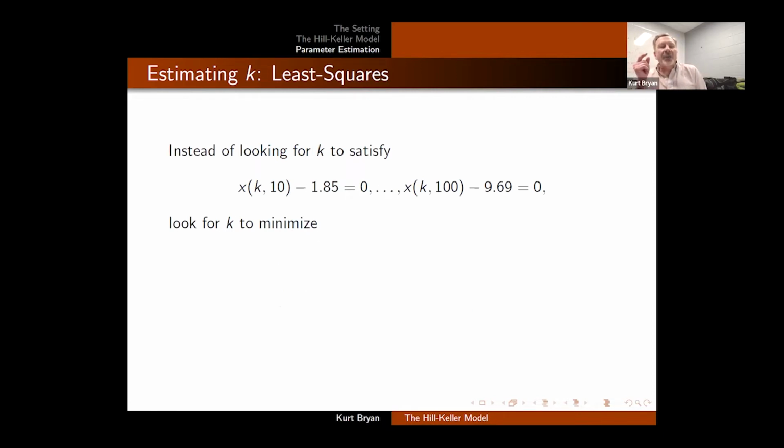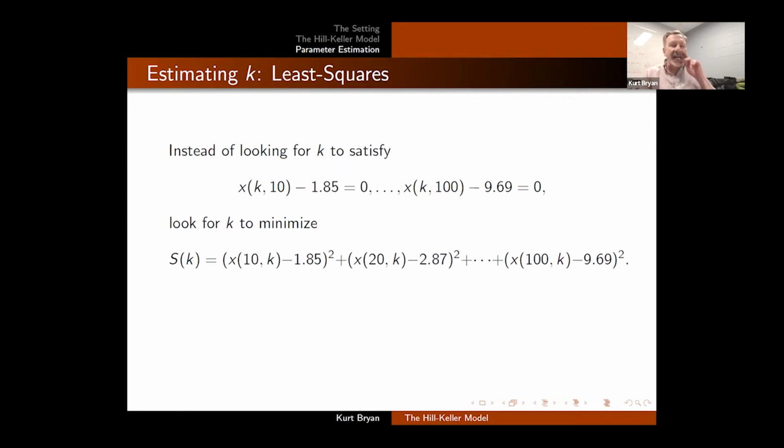Instead of trying to satisfy all the equations simultaneously, we form this sum of squares, S of k, where I essentially take the first data point and look at the discrepancy in my model versus the required condition, and I square them all and add them all up.